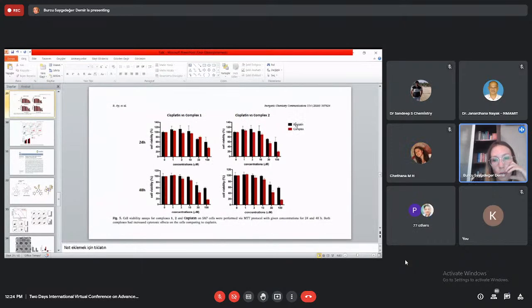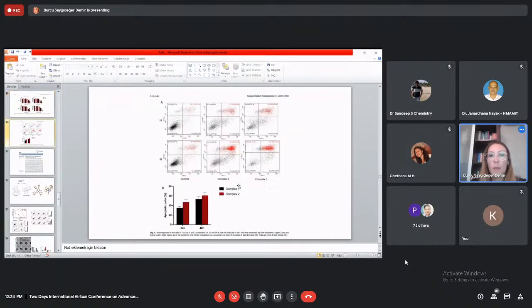The black one is cisplatin, the red ones are the complexes. It's a better cytotoxic effect. At the same time, it was seen that they induced cell death in both a time-dependent and dose-dependent manner by the apoptotic pathway. These are flow cytometry results.